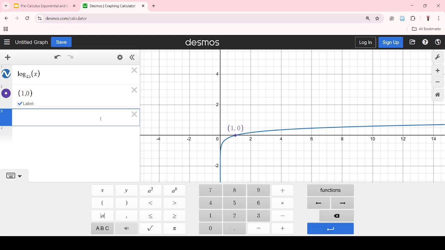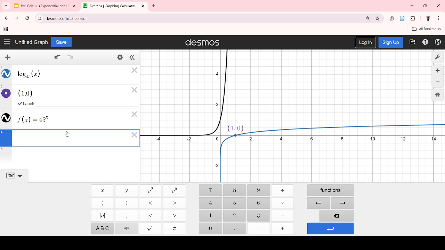I don't know. Let's go ahead and graph the exponential that is the inverse. So first, we see that they are mirrored equations. So that is a very good indicator that they are inverse and that they are going to undo one another. But besides that, does the exponential function that is the inverse of this intersect on the y-axis at (0, 1)?